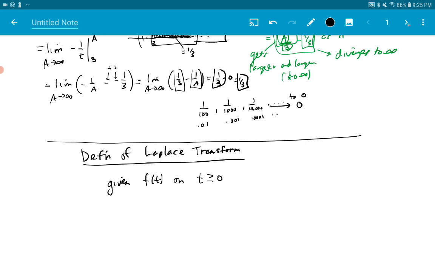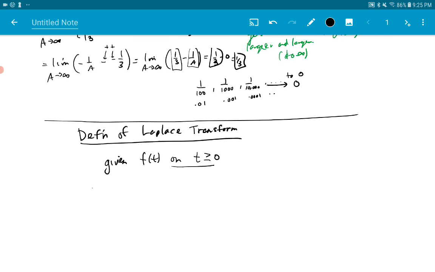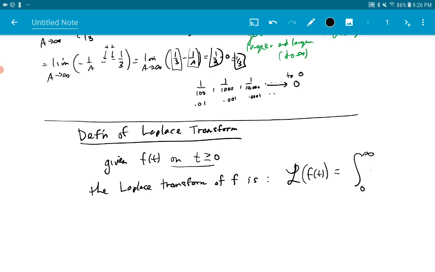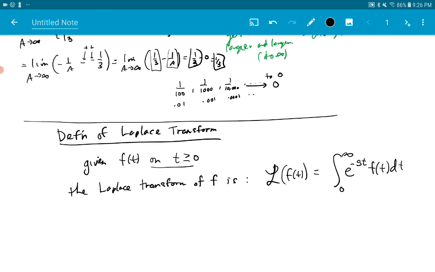It could be defined everywhere, but it needs to be defined at least when t is greater than or equal to 0. Then the Laplace transform of f is, this is the way we write it, this cursive L of f of t is equal to the integral from 0 to infinity of e to the negative s times t times f of t dt. That's the definition.